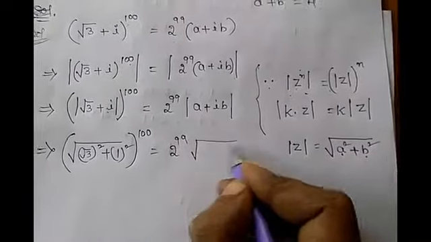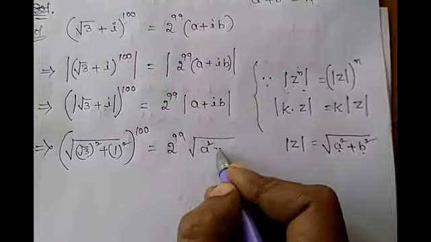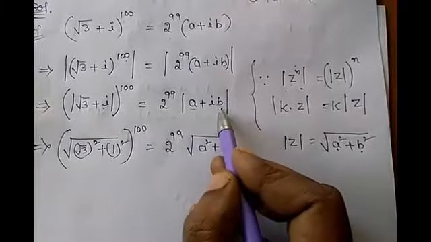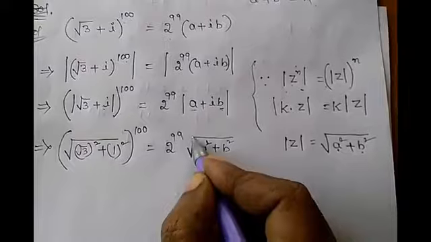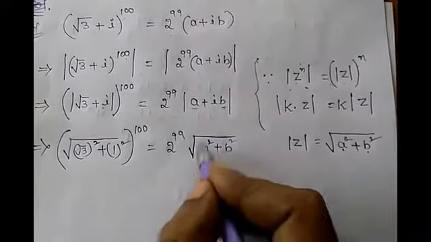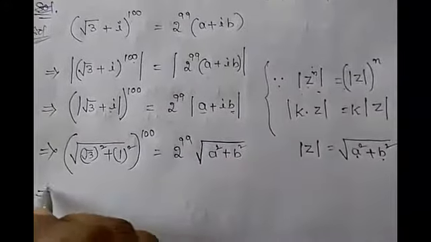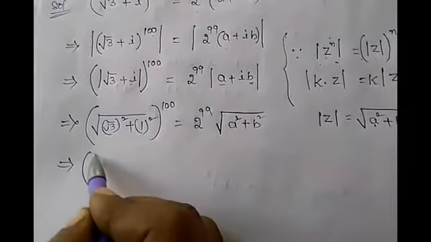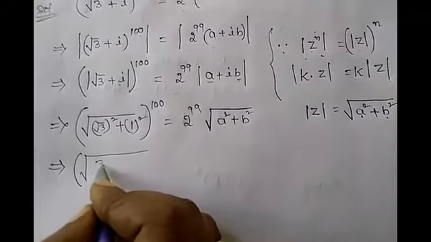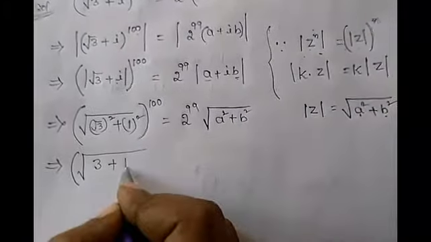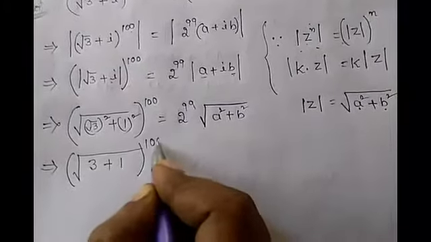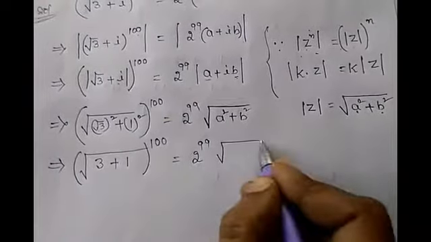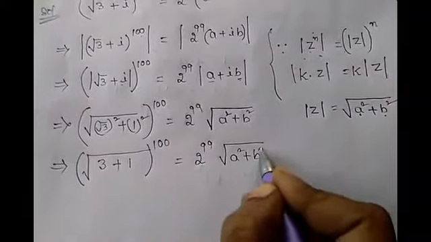Here directly apply the formula a square plus b square. a plus ib, a is the real part and b is the imaginary part. So modulus of a plus ib gives square root of a square plus b square. Now on simplifying, square root of root 3 whole square gives 3, plus 1 square gives 1, whole power 100 is equal to 2 power 99 into square root of a square plus b square.